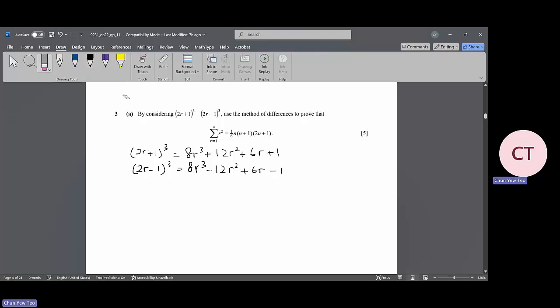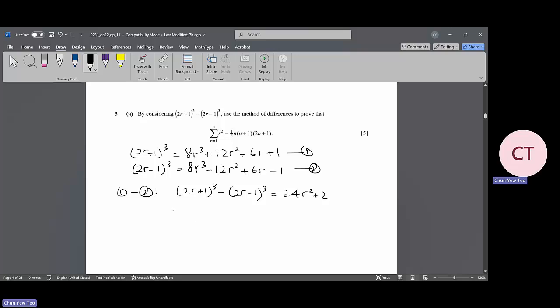So we have equation 1 here and equation 2 here. If you take 1 minus 2, then you will get (2r plus 1) cubed minus (2r minus 1) cubed. This equals 24r squared plus 2.